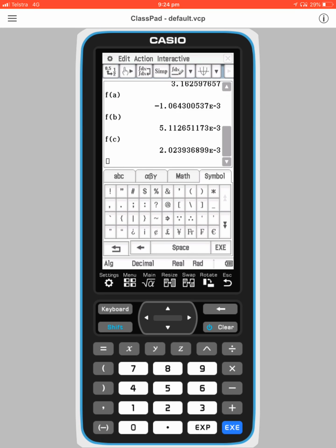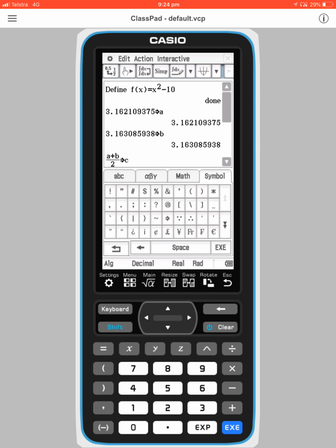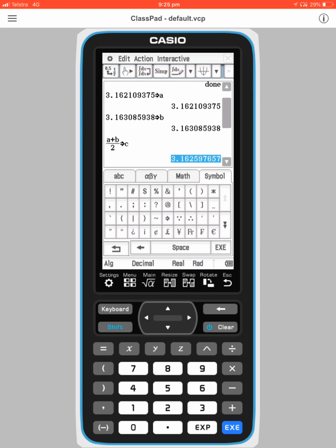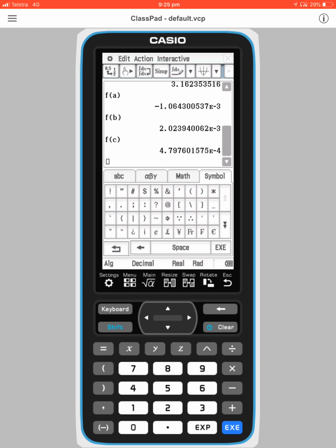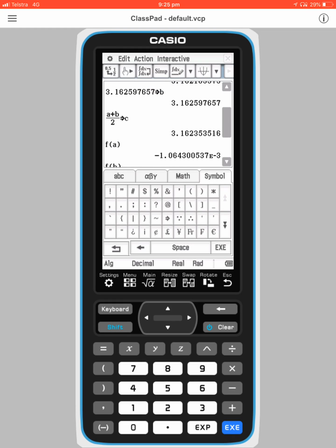We could go again, so because it's positive, we replace B. Here it is, positive, so we replace B again.